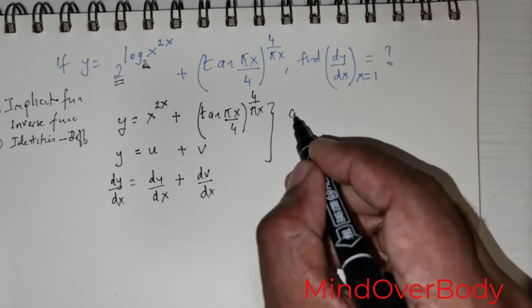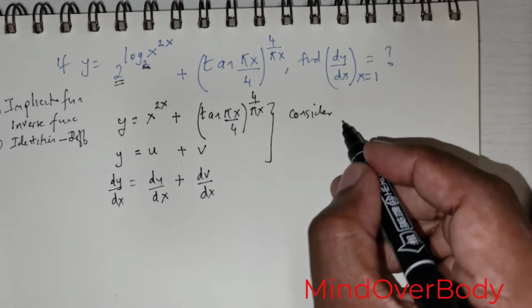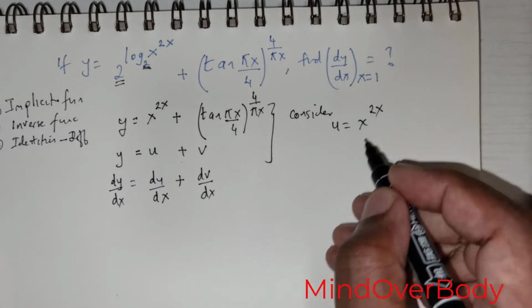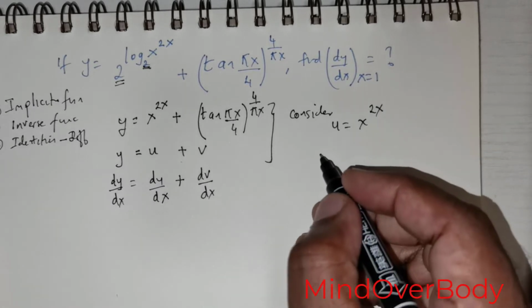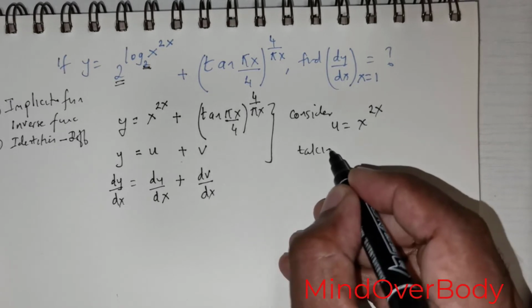So foremost, we would consider u, which is taken to be x raised to the power of 2x. Now we can take ln on both sides.